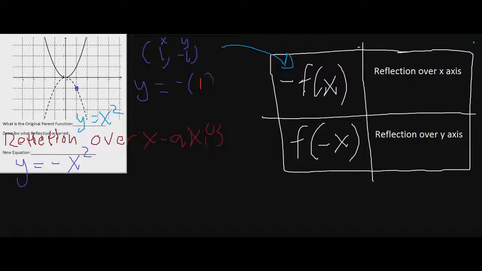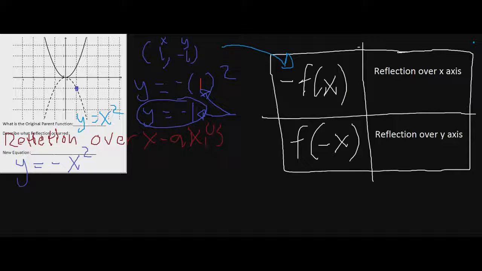And therefore we're going to get y equals -1 squared. Well, what is 1 squared? The negative is not inside our parentheses, so we're doing the exponent first. 1 squared is 1 times 1, which is 1. So we're just going to get y equals -1, and this is my y value. So when I plug in 1 for my x value, my y value is -1, and that matches this right here.